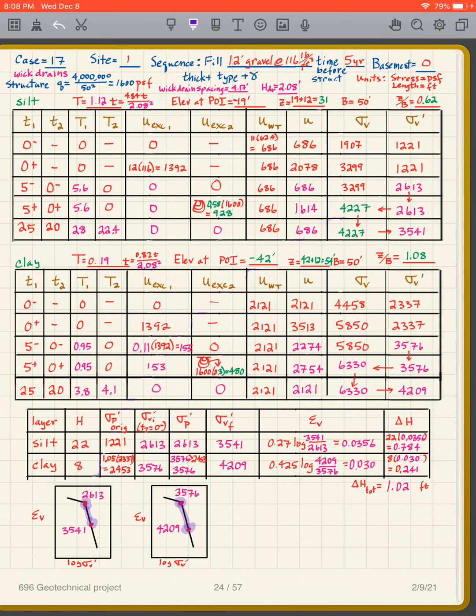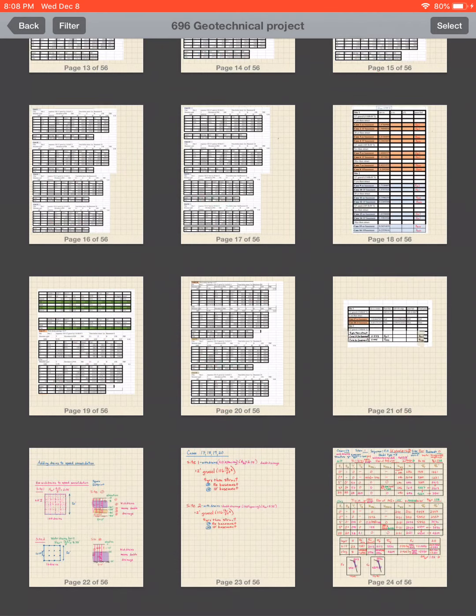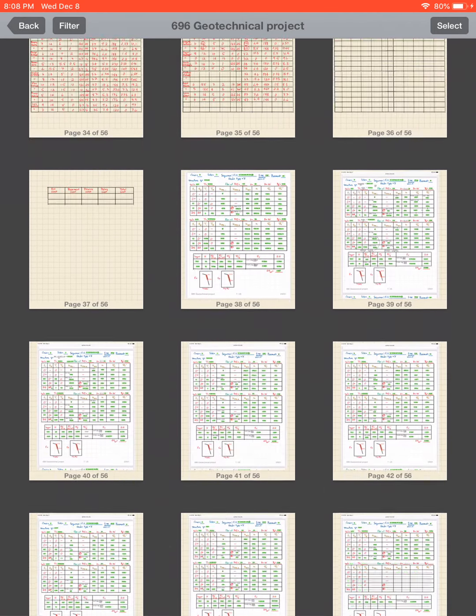If you remember the chart, these big numbers just give us 0 excess pore pressure. So in this particular case, for these T's, we're going to end up with U excess of zeros. And for this, we're also going to have 0. Let's see, maybe I can... Where is it?